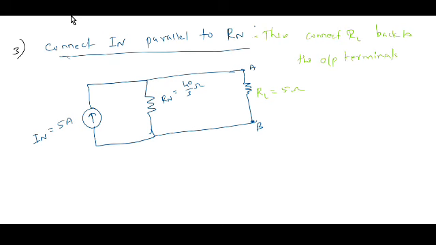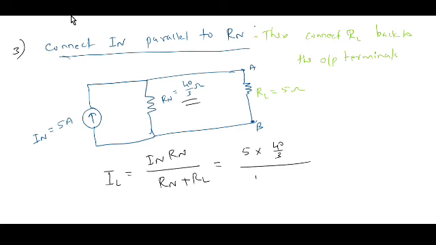Now everything we did, just substitute into this expression, that is In into Rn divided by Rn plus RL. That is 5 ampere, Rn is 40 by 3, divided by Rn is 40 by 3, RL is 5.